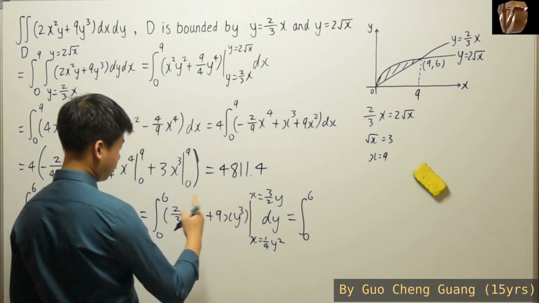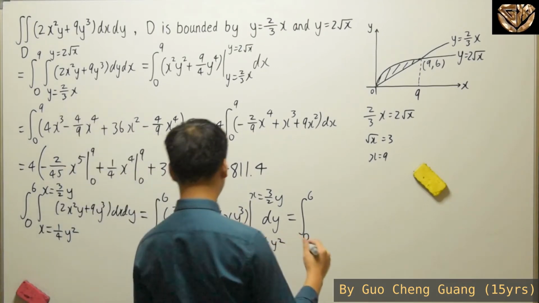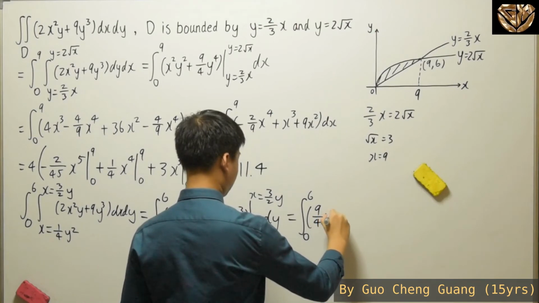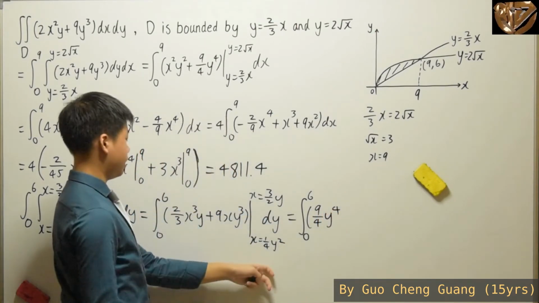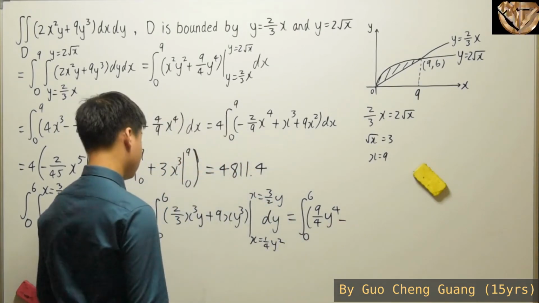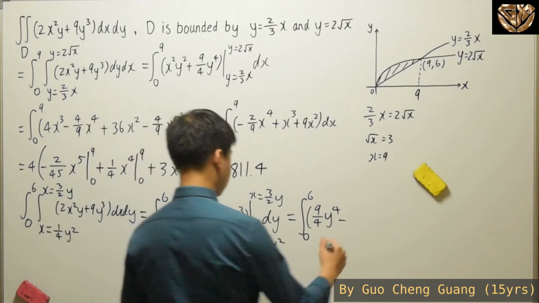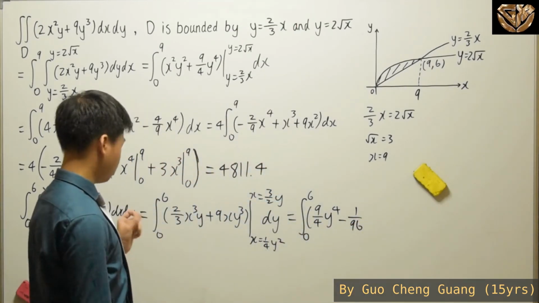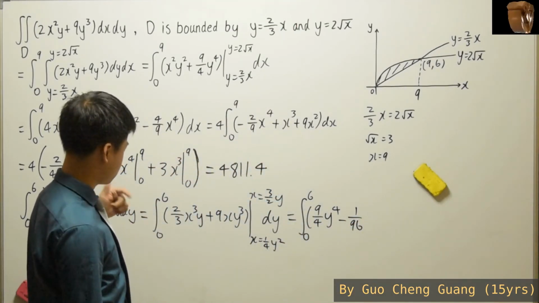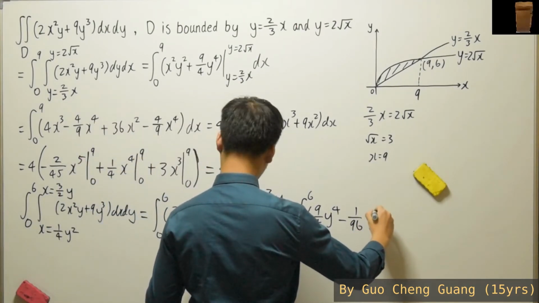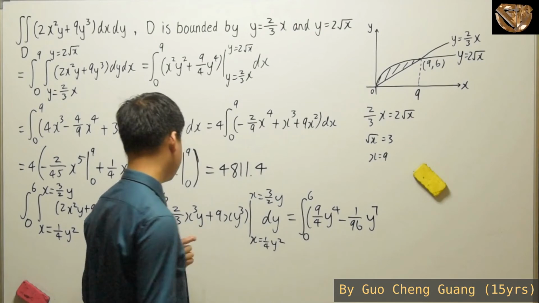Now x, you put it inside, you're going to have 9 over 4 y to the power of 4, then minus 1 over 96, and then y to the power of y squared cubed, which is y to the power of 7.